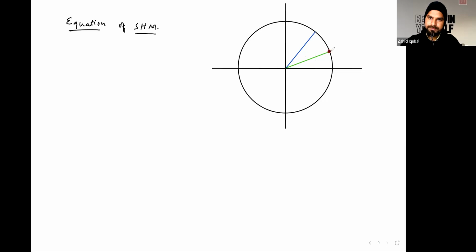Consider there is a particle revolving along a circular path at constant angular velocity omega.